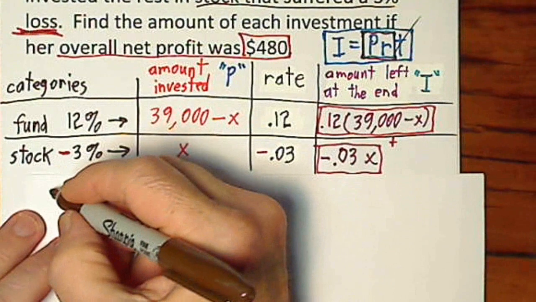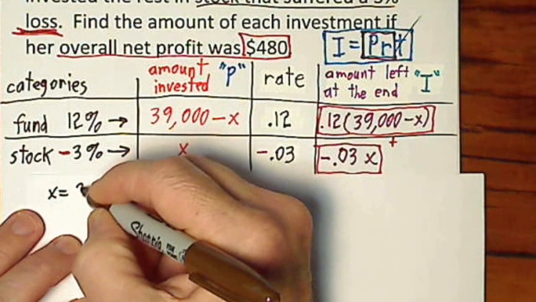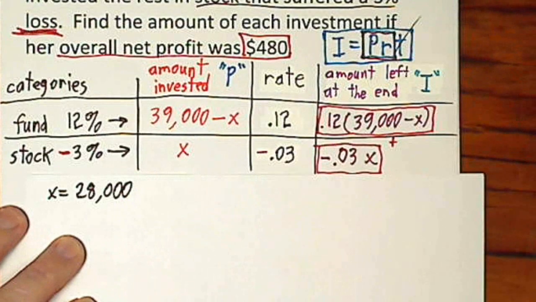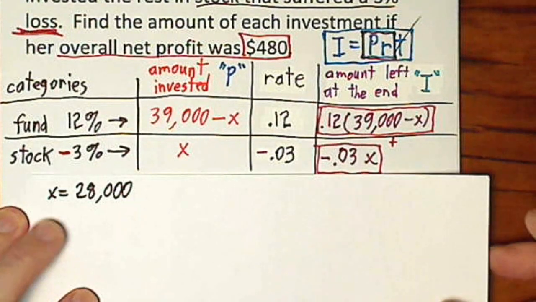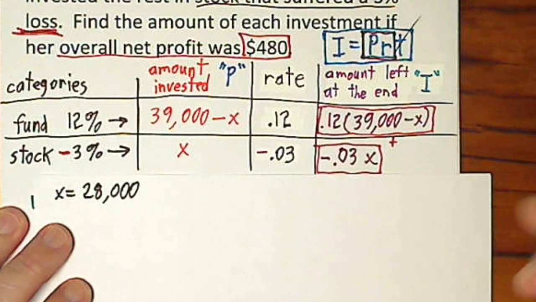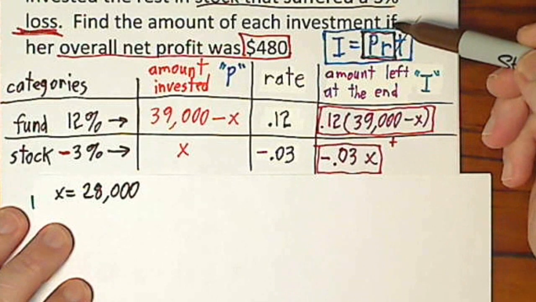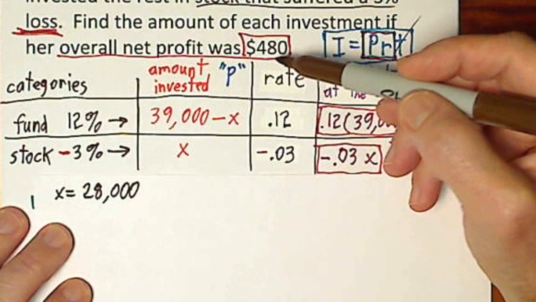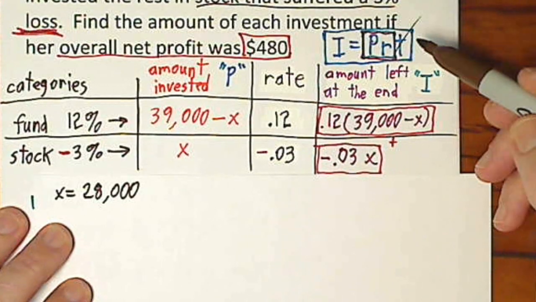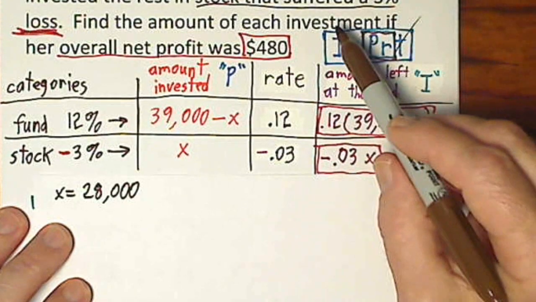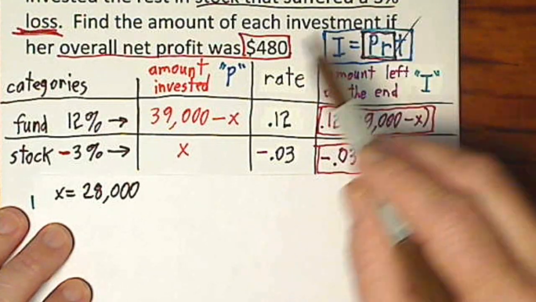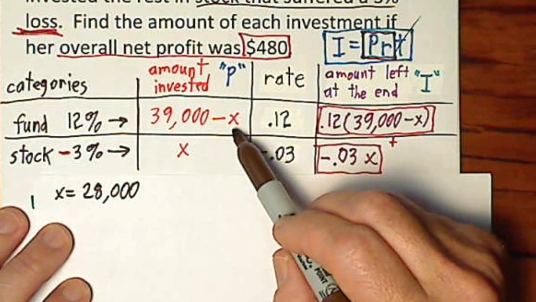Write that here. And we need to focus on what have they asked us? What's the real question? Find the amount of each investment. Okay. So investment, that's how much, what was the principal really? How much did they put in? Or how much did she put in?